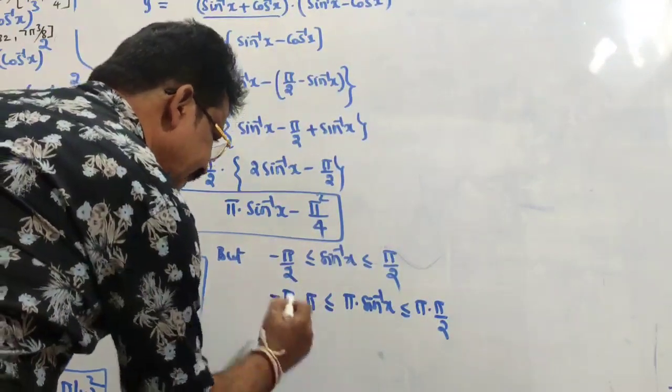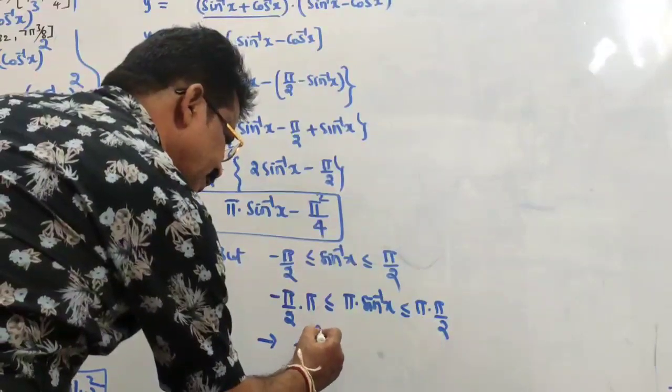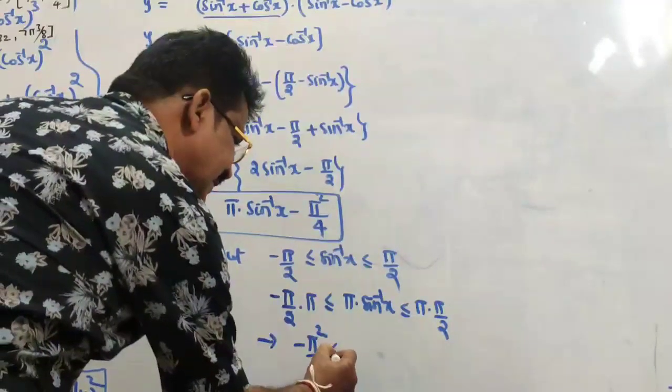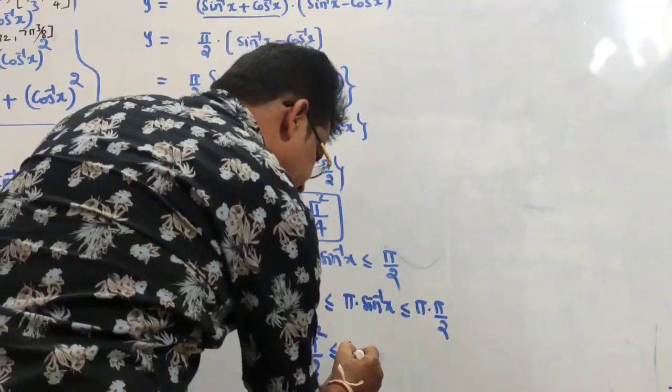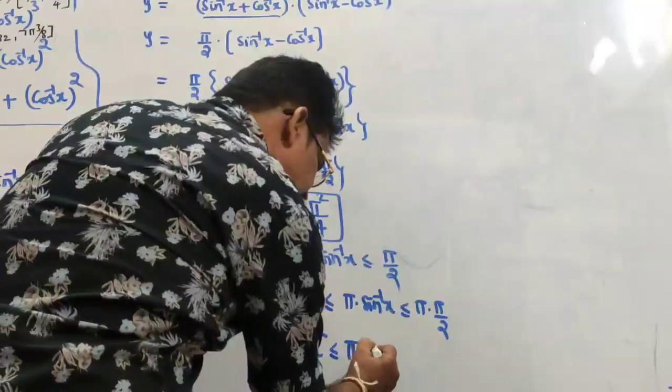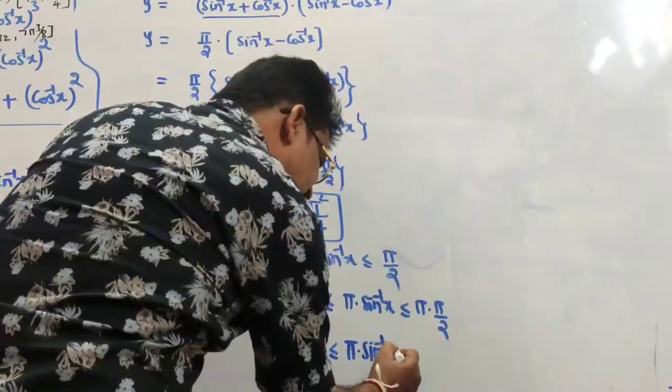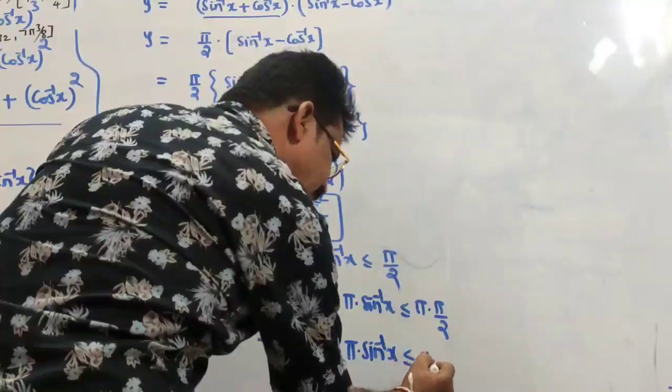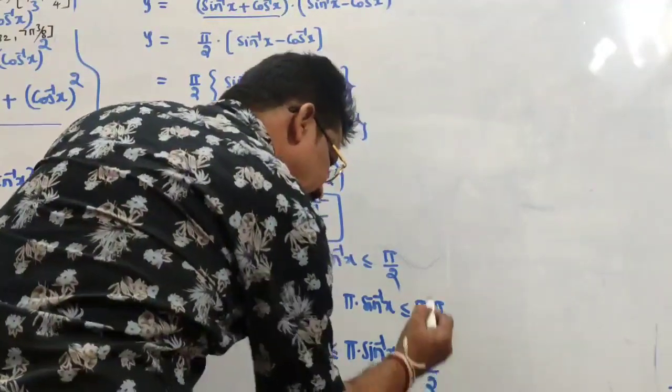So that implies minus pi square by 2 is less than or equal to pi into sin inverse x, less than or equal to pi square by 2.